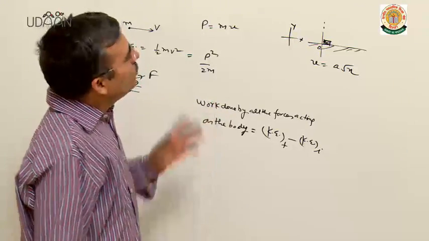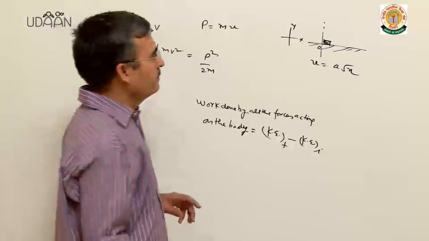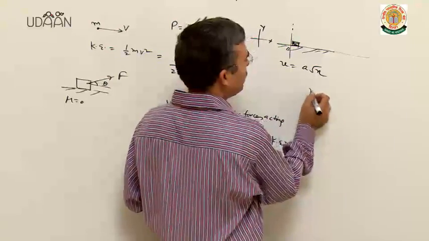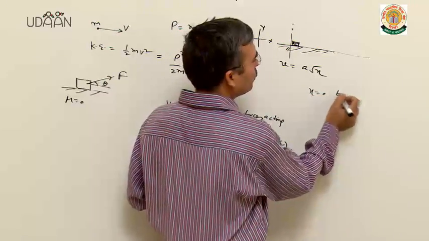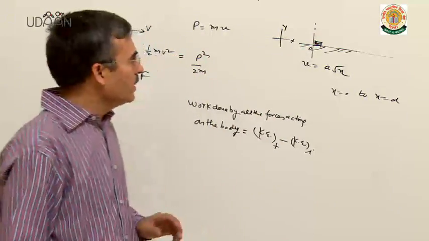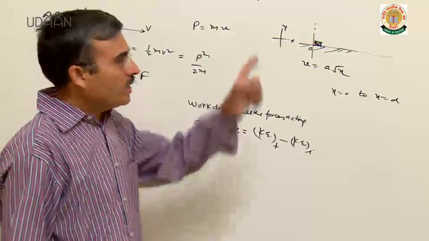Let us find work done by all the forces when displacement is from x equal to 0 to x equal to d. इतना डिस्प्लेसमेंट हो गया बॉडी का, तो वर्क डन कैसे निकालेंगे?